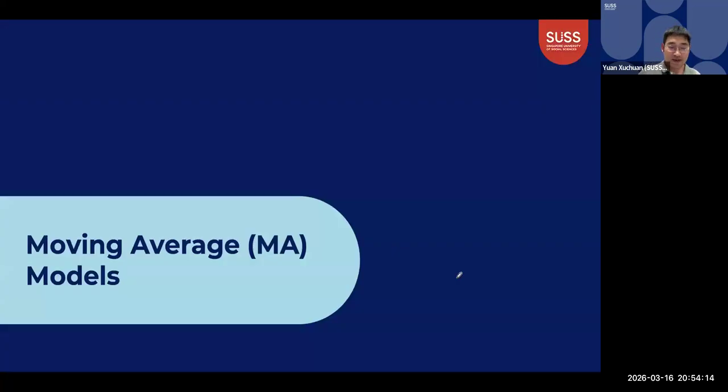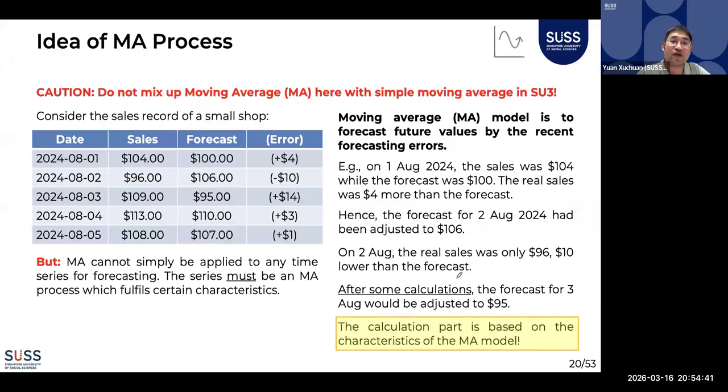Okay, so now suppose we have a stationary time series, and the time series is not white noise. It means the time series data have correlation, but they have a constant mean and variance. Since they have correlation, we want to extract the information from this time series, so we can use the moving average model.